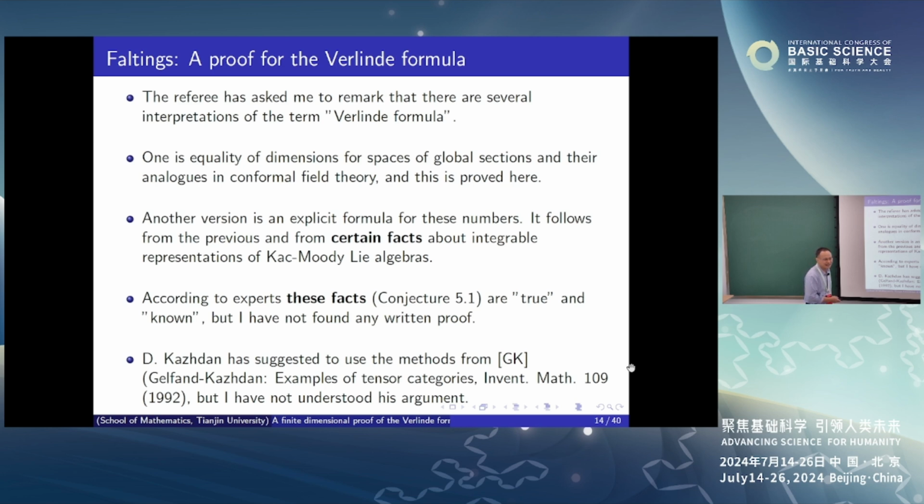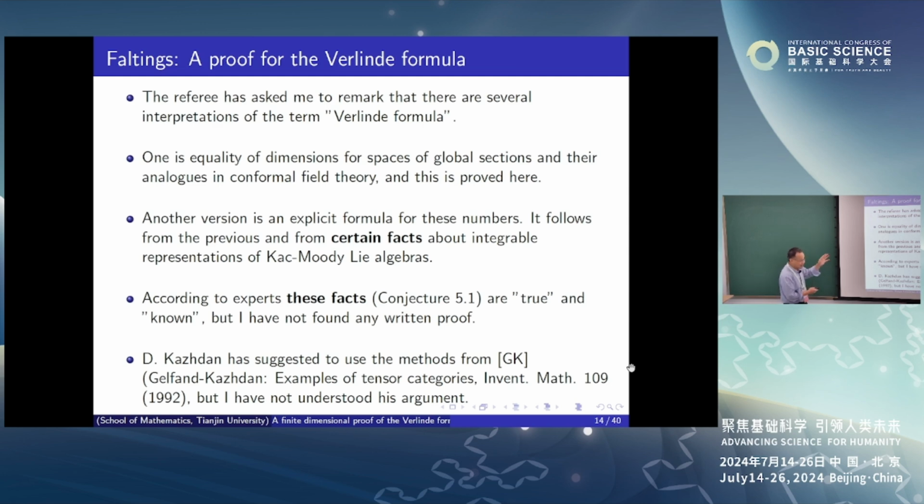That would imply what you have here, provided you can really prove what they are doing, but that part is probably not proved. Okay, one is the equality, he said here. Another version is an explicit formula for these numbers. It follows from certain facts about the integral representation of cohomology.